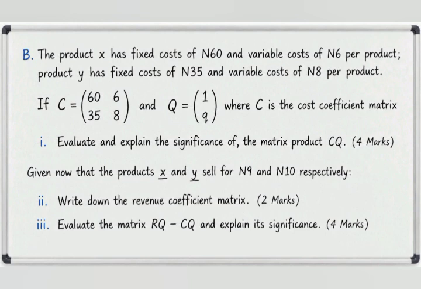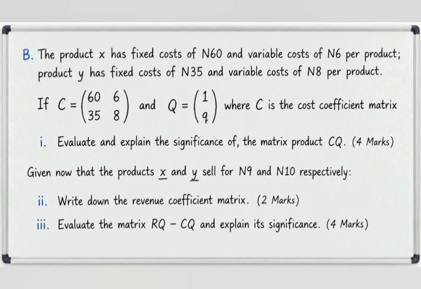If the cost, which is represented as C, is a 2 by 2 matrix, that is 60, 6, 35 and 8, and the quantity, which is represented as Q, is a 2 by 1 matrix, that is 1 and Q, where C is a cost coefficient matrix.